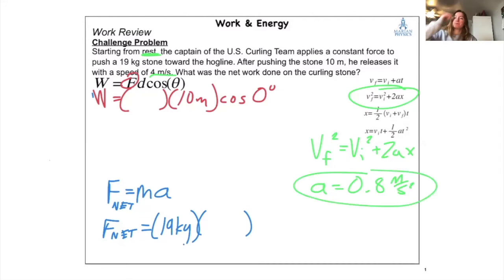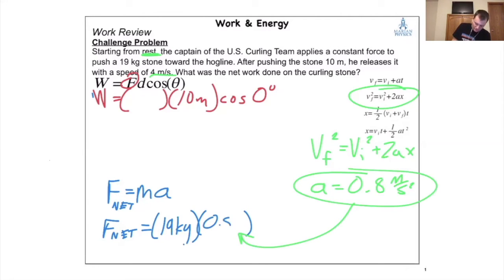And so you need, good. So you need to get the acceleration from the kinematics so that you can plug that into your force equation from Newton's laws so that you can get a net force of 15.2 newtons. Tell me if you got something different.